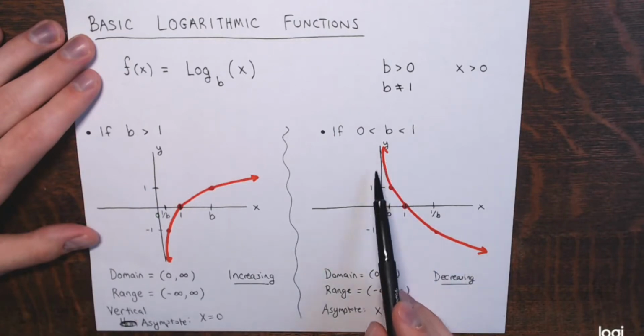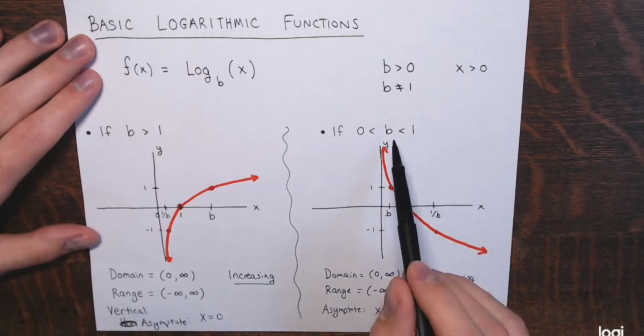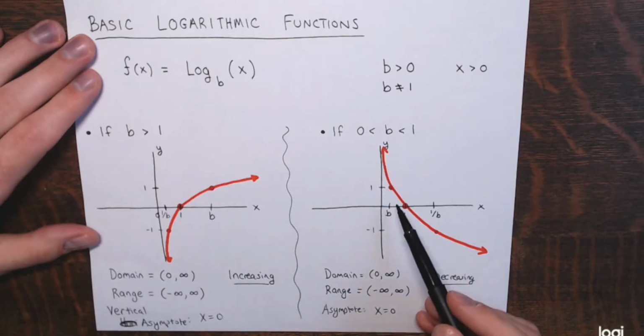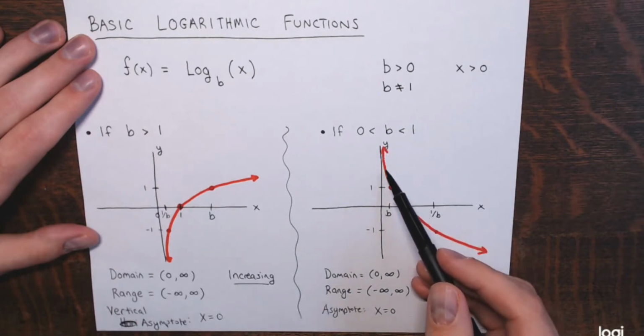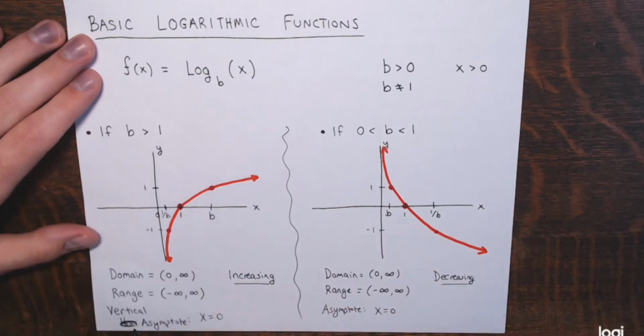Same stuff though, domain's all positive numbers. The range is all real numbers, right? It goes up forever, down forever, and the y-axis is still a vertical asymptote. But this time the graph goes up forever toward the y-axis. The output approaches infinity as you approach zero from the right, as opposed to negative infinity when the base is bigger than 1.